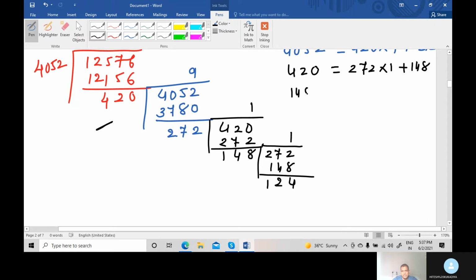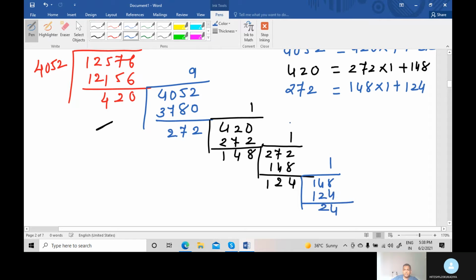So 272 equal to 148 into 1 plus 124. Now 124 outside and 148 inside. 124 ones are 124. Remainder is 24.